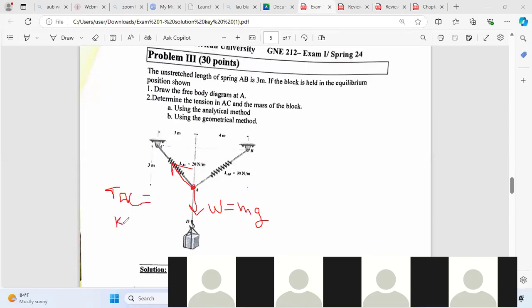It's K of AC times delta L of AC. Okay. And for the second spring, TAB is equal to KAB times delta L of AB.